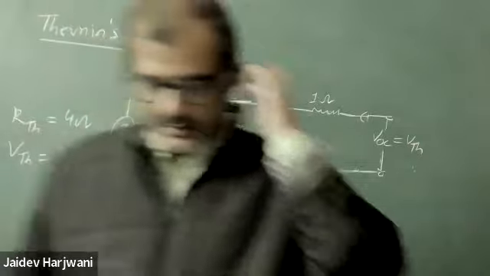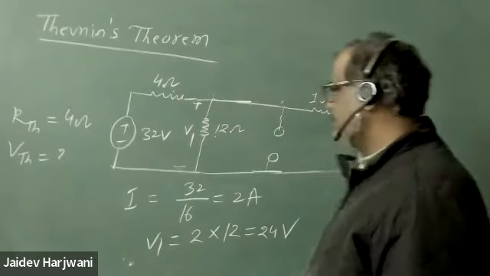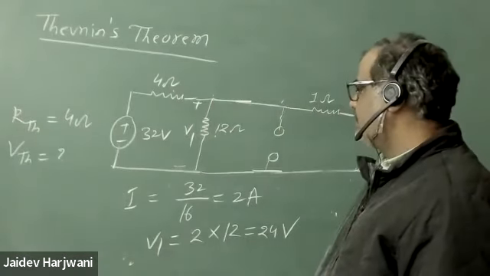Sir, why is the direction of current through the 1 ohm branch like that?